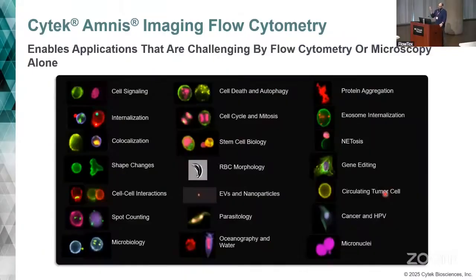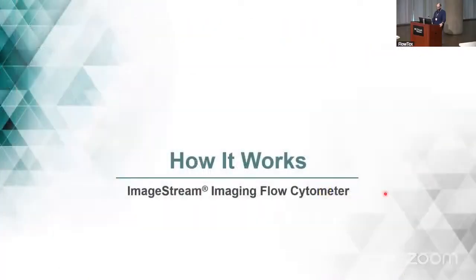I've been with the company for a while through multiple different exchanges, and I see time and time again how it enables applications that are challenging to do just by flow or by microscopy alone, right? It's not the end all be all, but it is definitely a tool that I have found to be extremely valuable and to help people answer questions that sometimes they've struggled to answer for years.